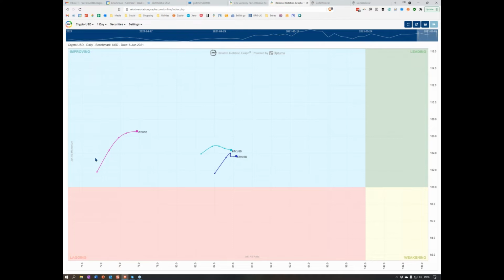They are all in the improving quadrant, so they're getting less bad. They're actually stabilizing, as you'll see from the charts themselves, and some of them setting up for potentially quite an interesting bullish pattern. I'll come to that in a moment. Some of them, not all of them, but they're all from a very battered position.